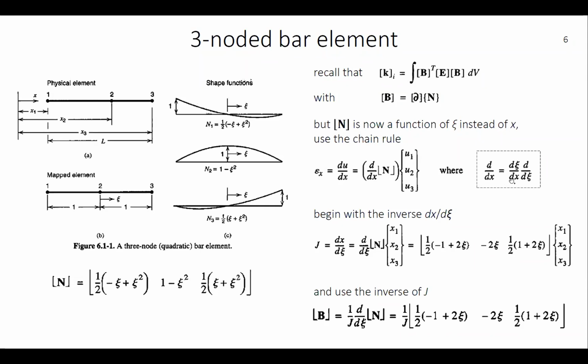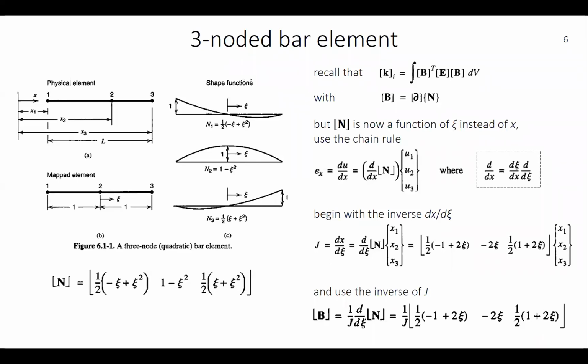But then on top of that, we still need to do again d/dc, just to derive this expression once again. So we have 1 over J being the inverse of this expression, and then the derivative of the shape function again. So again, 1 is -1 plus 2c, and so on. So already here, this is a rather lengthy expression, but it's a function both of the mapped coordinates c and the global coordinates x1, x2, x3.